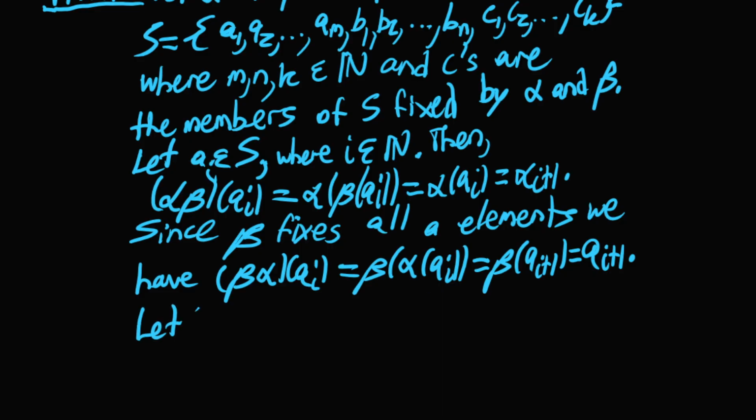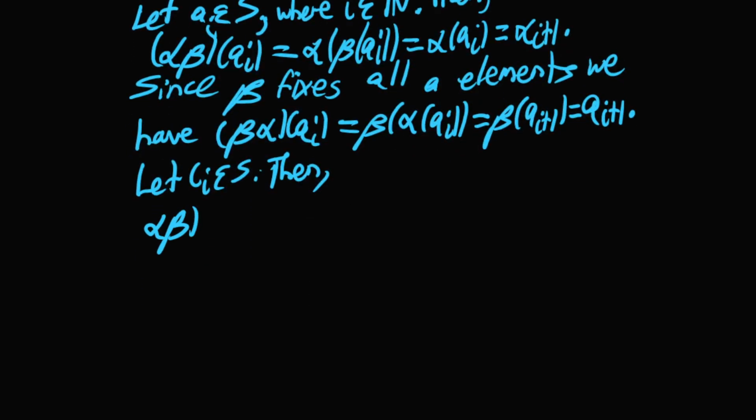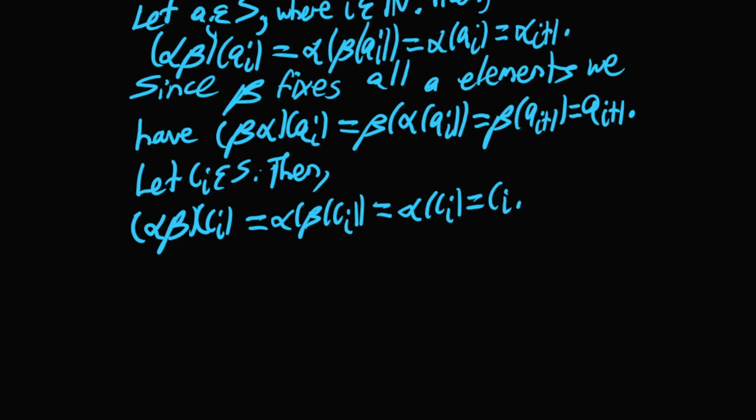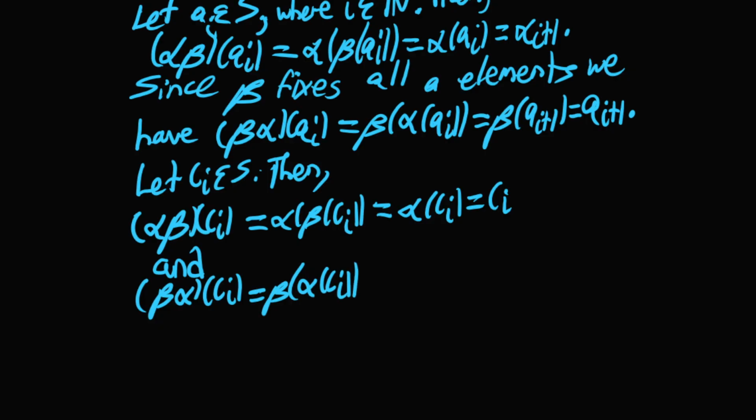So now let Ci be an element of S. Then we have alpha beta of Ci equals alpha of Ci equals Ci, and beta alpha of Ci equals beta of Ci equals Ci.